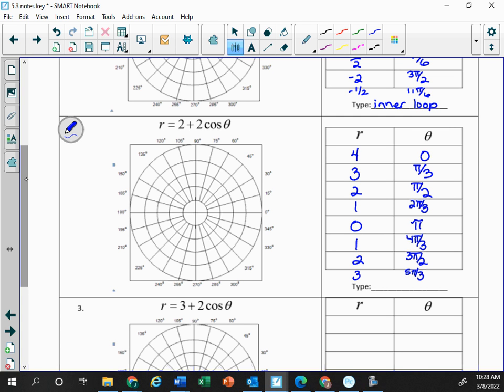Okay. All right, we got to plot them. 4, 0. 1, 2, 3, 4. 3, pi over 3.